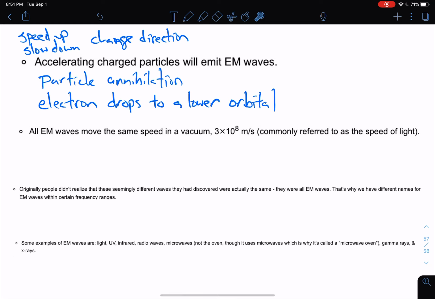Now, down here at the 4th bullet point, and I know that's small type, I apologize for that, it says, some examples of EM waves are light, UV, infrared, radio waves, microwaves, not the oven, gamma rays, and X-rays. As I was just saying, everything we interact with is going to emit EM waves. And it turns out animals emit heavily in the infrared.